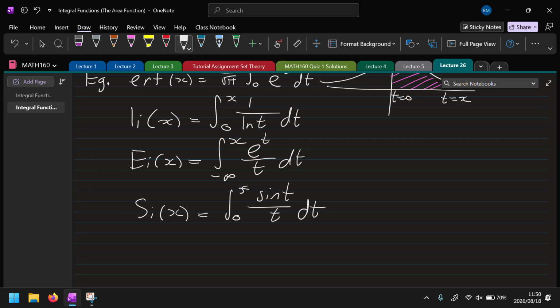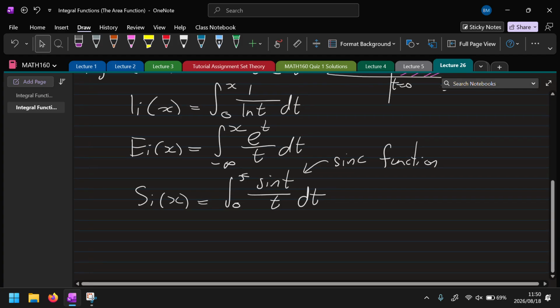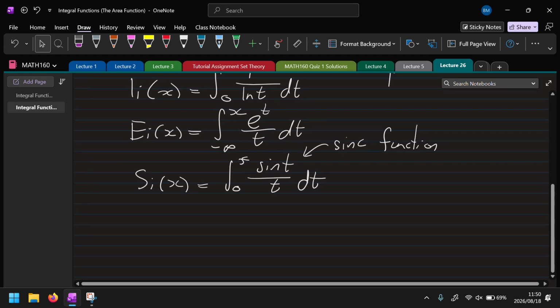So you've got the sine function, cosine function, and this is the sinc function. Again, in signal processing and circuits and all that electrical stuff, you're going to use that like every day. There's lots more. You can come up with lots of these integral functions.